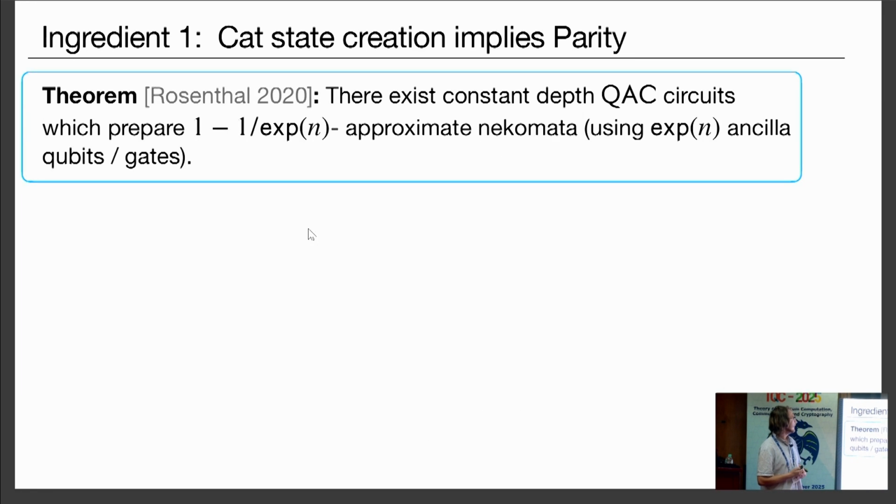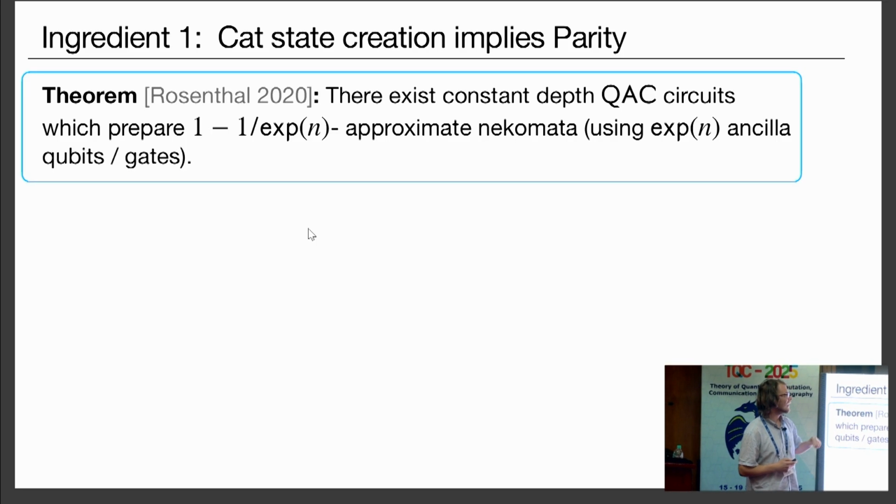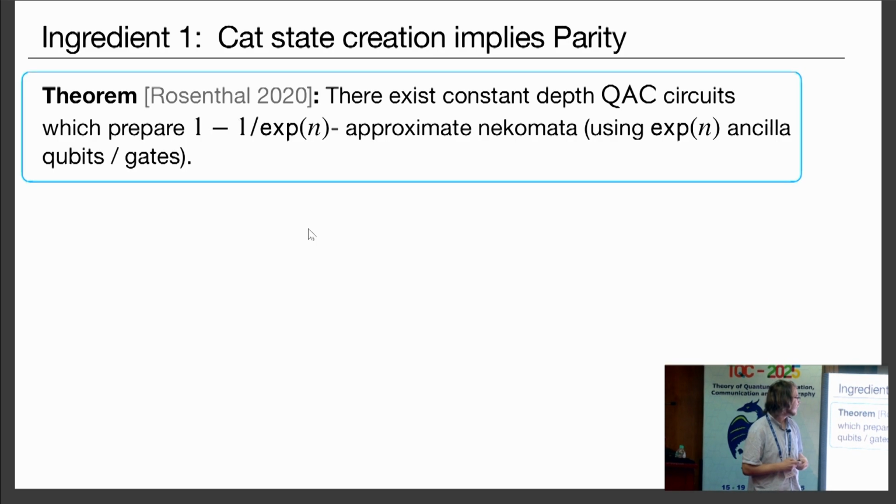I'll just mention what Rosenthal's results are, and the outline of how they're proved, because our proof is along much the same lines. He proves that there are constant depth QAC0 circuits that are able to prepare one of these approximate nekomata states up to inverse exponential approximation error. But the trade-off is that the resulting circuit is of exponential size.